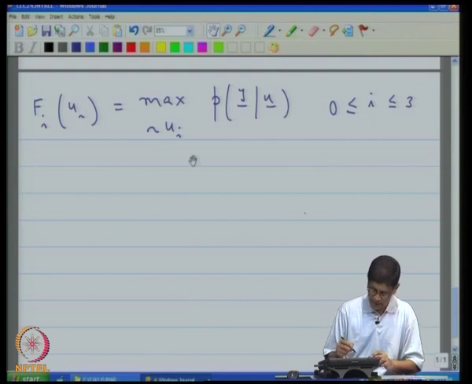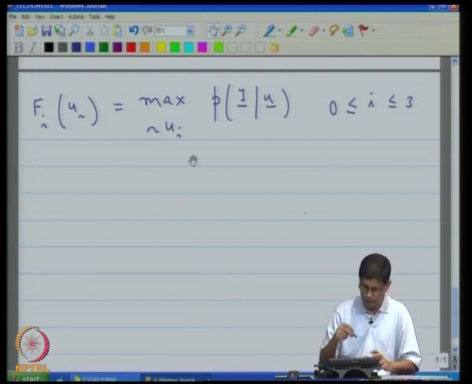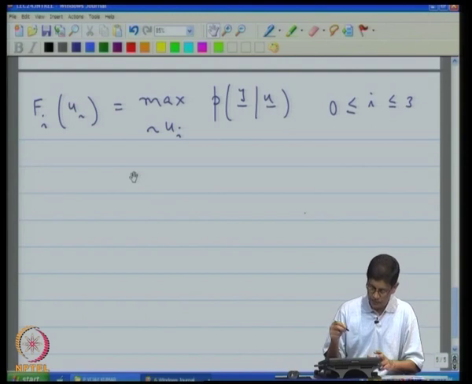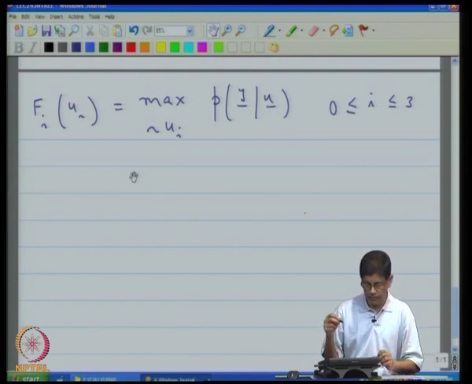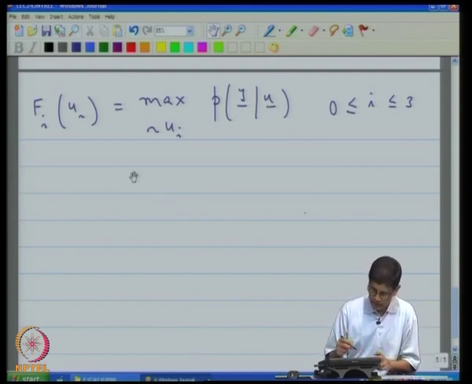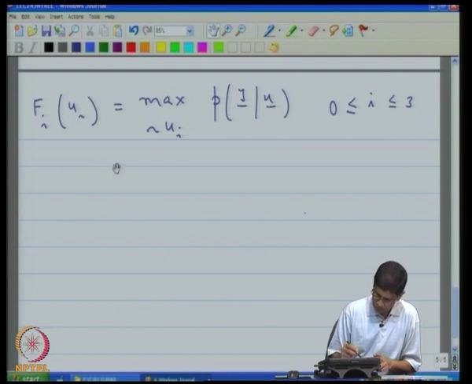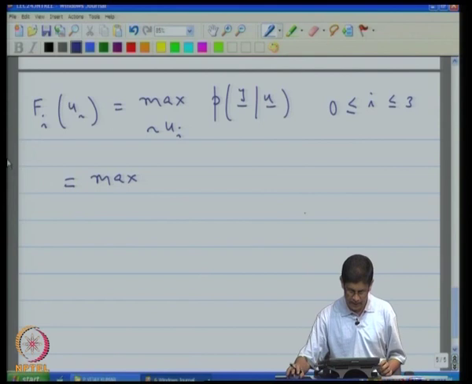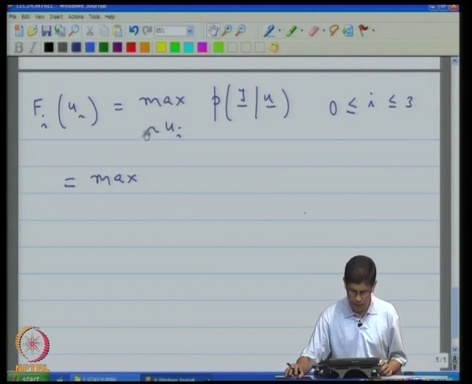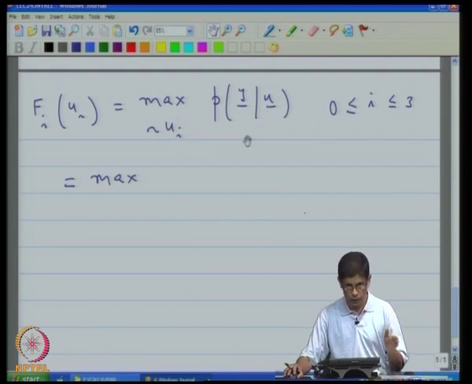The first step is to say, since all message symbols are equally likely, I will write this as the max over tilde u_i. By the way, I think I explained last time that this tilde u_i means that you are taking the max over all symbols u_0 to u_3 other than u_i.